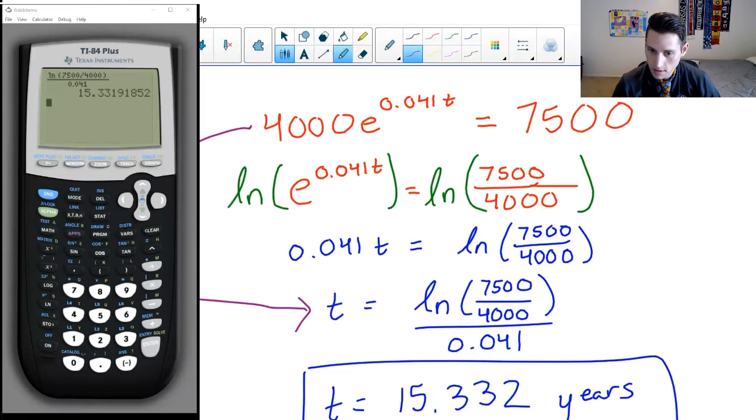We divide by 4,000, use natural log, divide by 0.041. It'll become much more second nature, and you'll realize those middle steps you don't 100% need to write every single time. If you do want to, and if you need to, that's great, do it. But as we get more comfortable with this, I'm not going to spend as much time writing out all of that work in between.